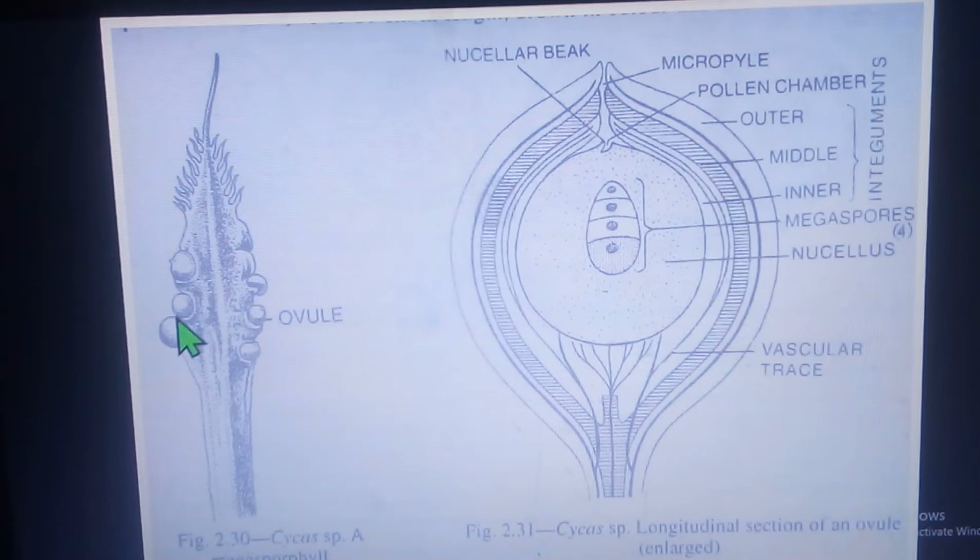Now let us take a look at how the megasporangium or the ovule develops. The development of the megasporangium in Cycas is of the eusporangiate type. The sporangium arises from a group of epidermal cells.